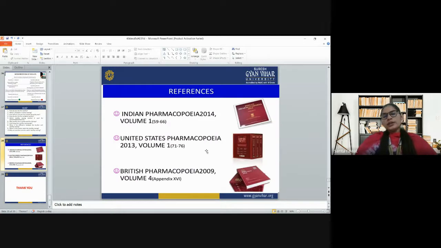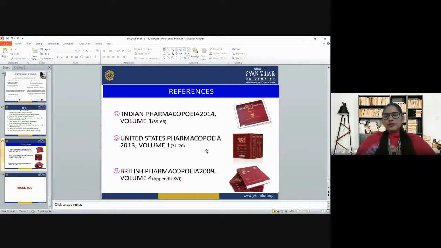Now coming to the references. Today's references included Indian Pharmacopoeia 2014 volume 1, page number 59 to 66. The second reference is from United States Pharmacopoeia 2013 volume 71 to 76.